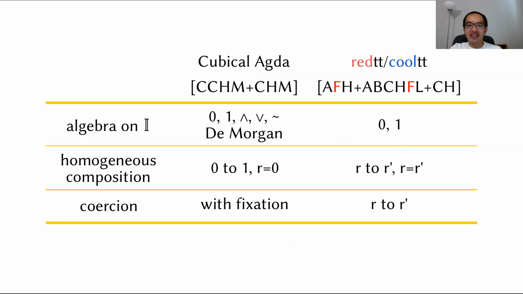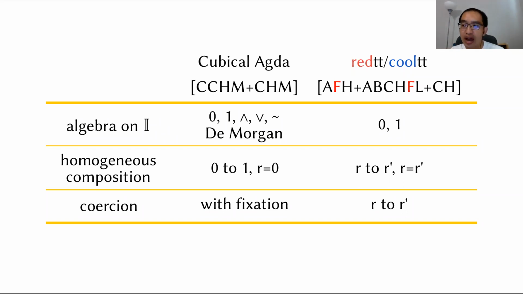Okay. So this is a summary table that maybe some of you are already looking for. In Cubical Agda, where the fundamental theory is paved by the CCHM paper and also the CHM paper for the higher inductive types, the algebra there has 0, 1, meet, join, and this tilde. The homogeneous composition there is from 0 to 1, and you have a constraint r equal to 0.